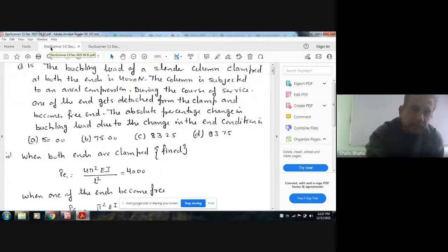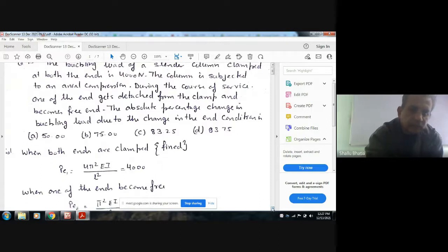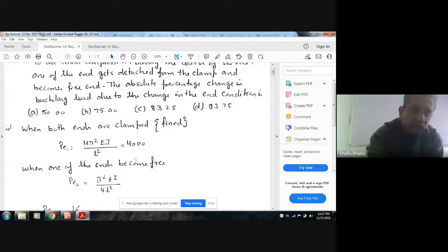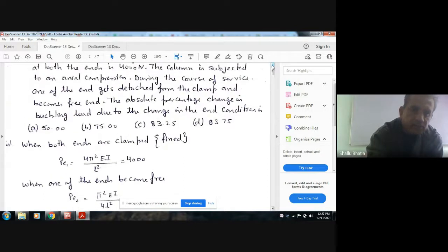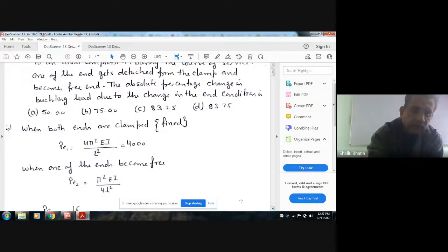Initially, both the ends are clamped or fixed. So the buckling load is 4 pi square EI by L square. That is 4000. Given now, when one of them becomes free, then the buckling load is pi square EI by 4L square.